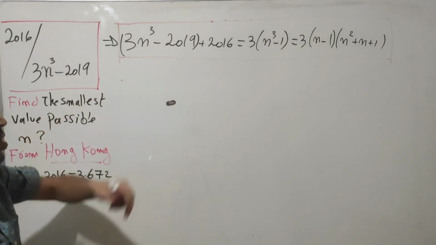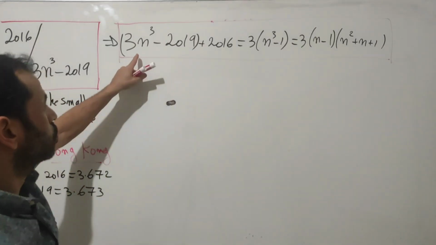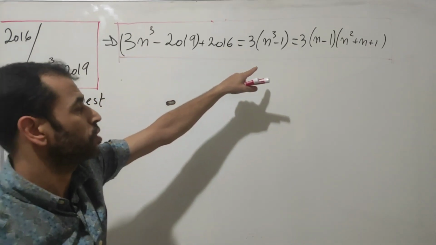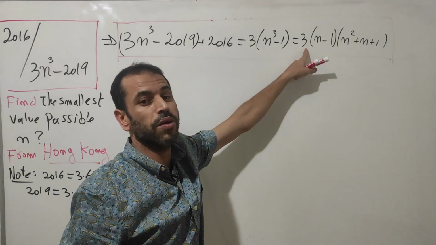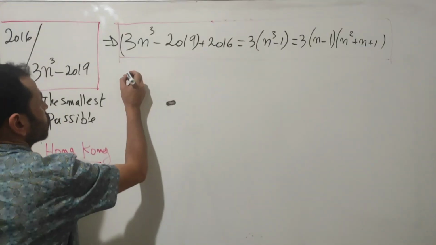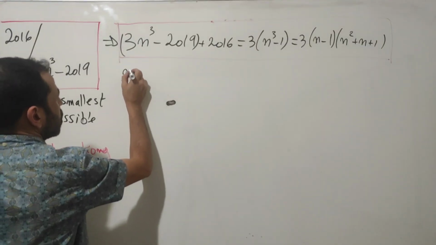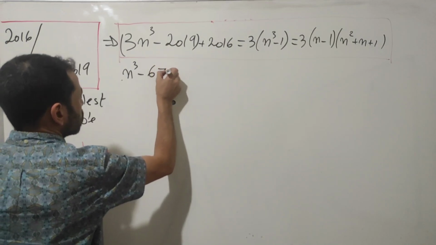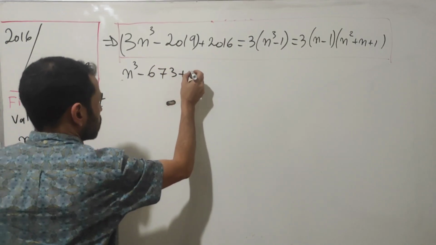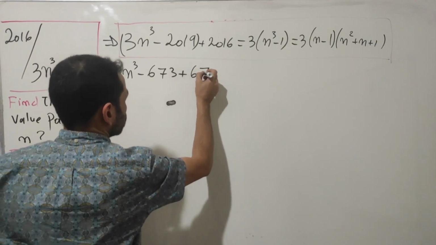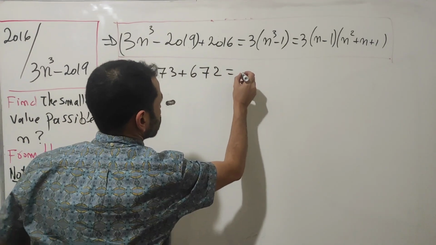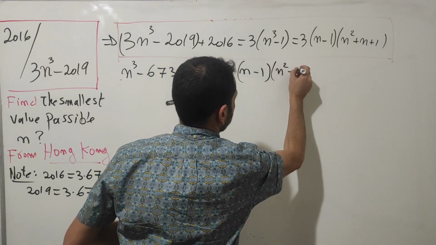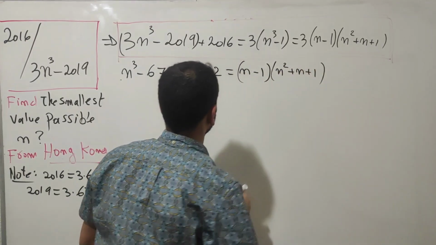I'm going to take the number 3 out of all these terms, cancelling it with the 3 here, so I will be left with a reduced expression: n cubed minus 673 plus 672, which equals (n minus 1) times (n squared plus n plus 1).